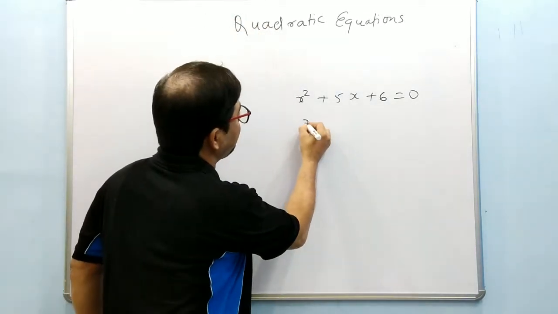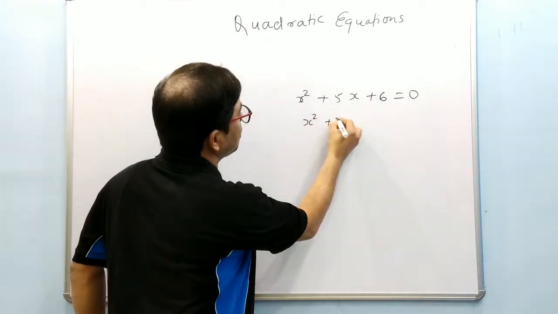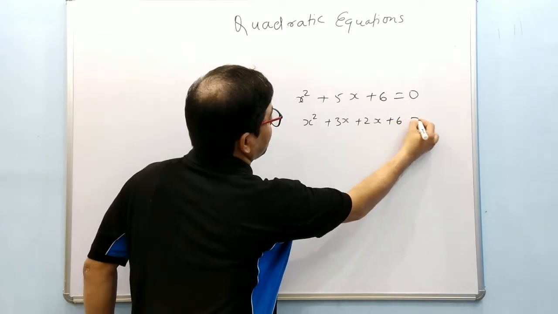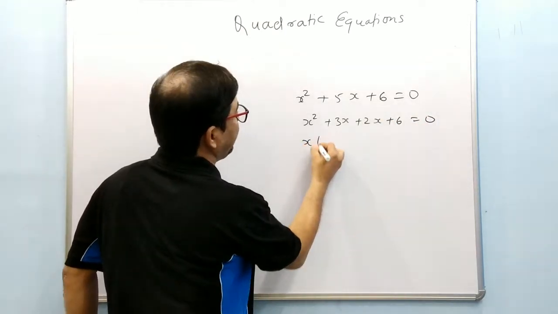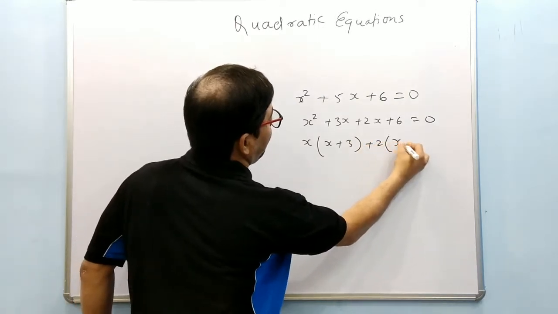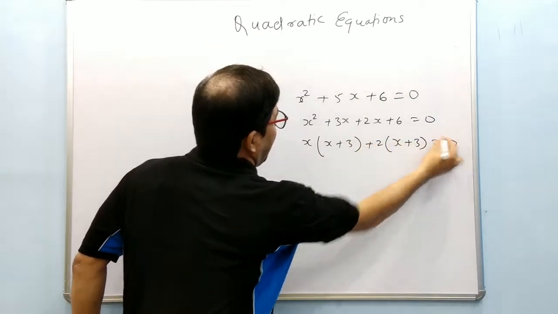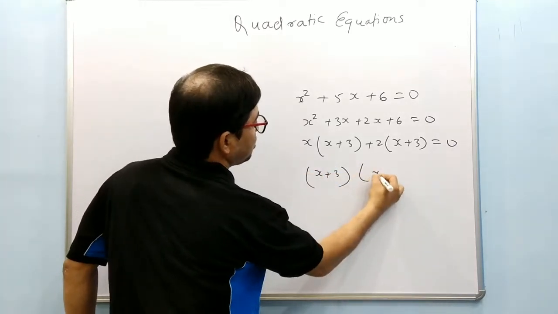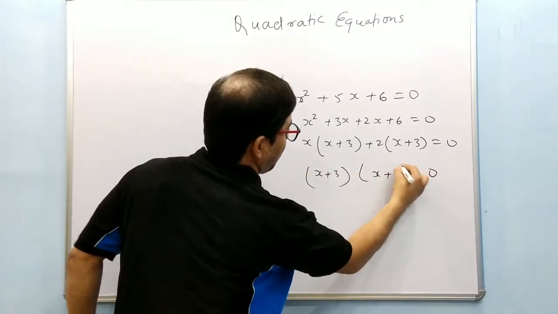So middle term splitting we can easily do. We can just write x square plus 3x plus 2x plus 6 is equal to 0. If I take x common it is x plus 3, and if I take 2 common it is x plus 3 here, and it is ultimately giving us x plus 3 into x plus 2 is equal to 0.